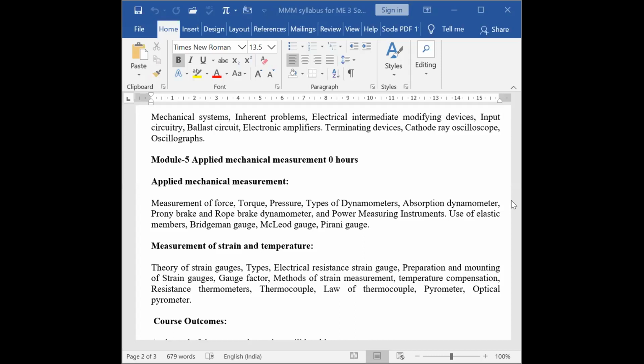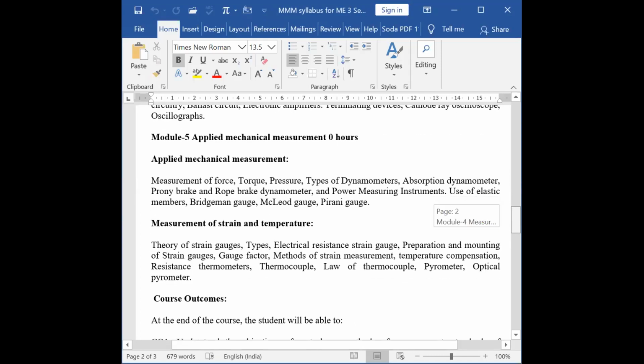Yes, ma'am. So now you can see module 5, which is of two parts, applied mechanical measurements and measurement of strain and temperature. Your friend has explained what we studied in the first half related to applied mechanical measurements, where we dealt with the measurement of force, torque, pressure, and the rest.